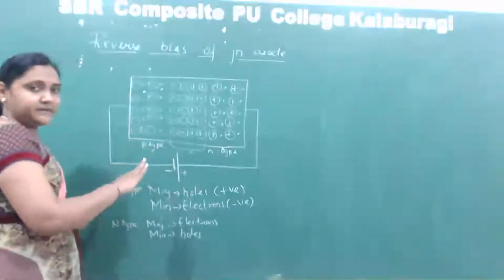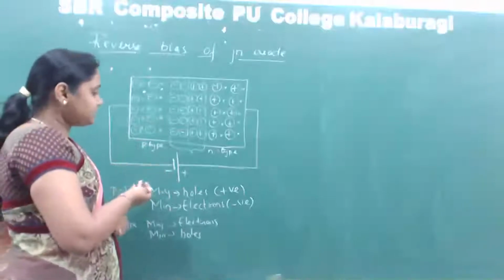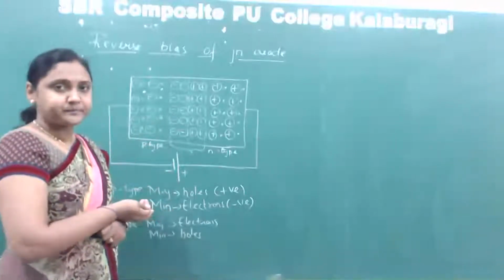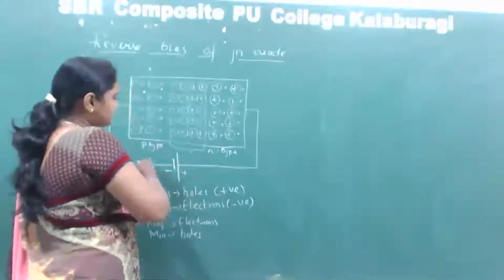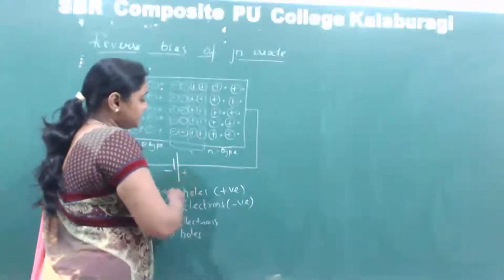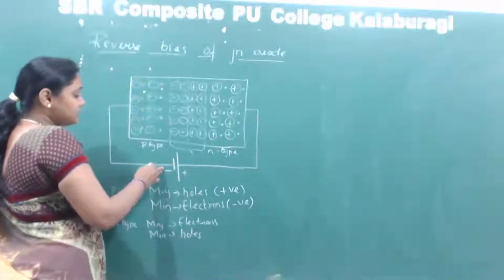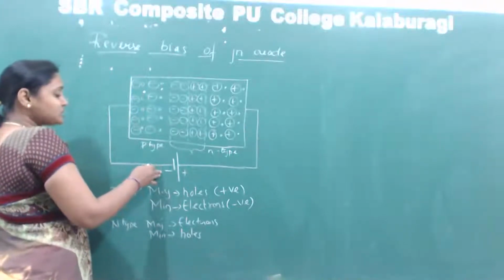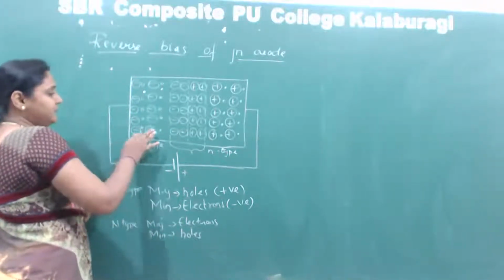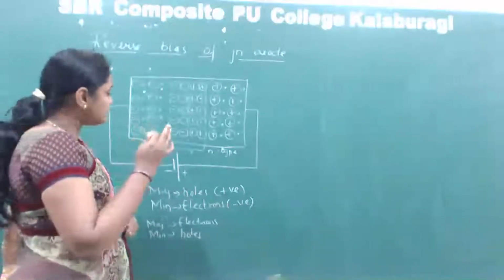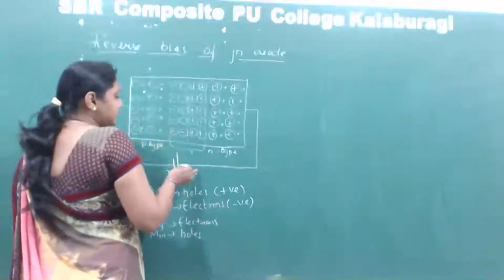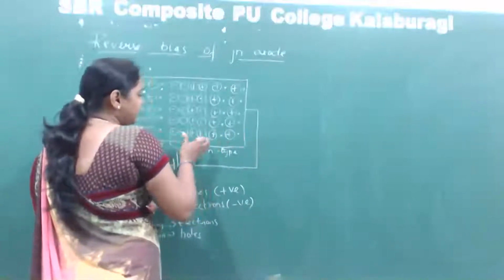Now they will be attracted because exactly the opposite connection is made now. In the previous example, the positive terminal was connected to the P type, and the negative terminal was connected to the N type. Hence, all the positive charge in the battery repelled the positive charges inside the P type, that is, it repelled all the holes. Whereas the negative terminal repelled all the electrons.